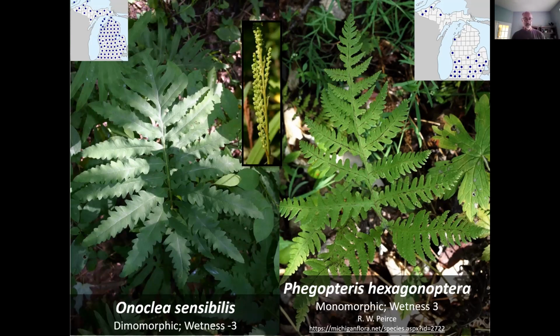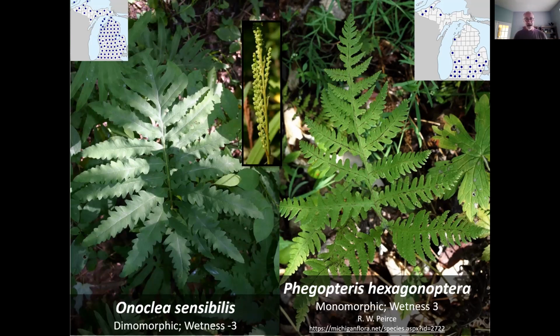You're not going to confuse this with those Botrychiums that only make one frond per season. The fronds of Onoclea are much larger, and the plant has an underground rhizome, so there's lots of leaves around. They're easy to tell apart. But I think if you're trying to learn your ferns, these are two you're going to want to learn to separate apart.